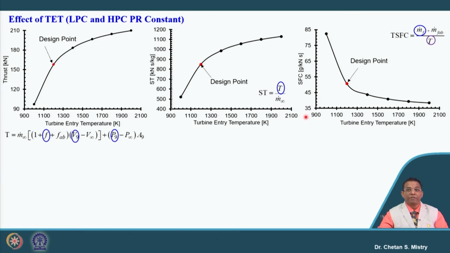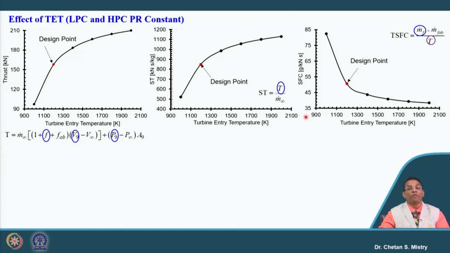So, one way of reducing the specific fuel consumption, for a particular pressure ratio, is to move with the increase of turbine entry temperature. We will be discussing this in detail, and we have earlier also discussed the reason why people have moved from lower turbine entry temperature towards higher turbine entry temperature.